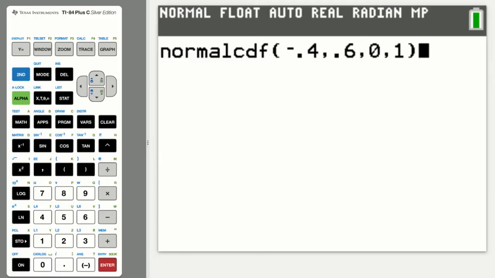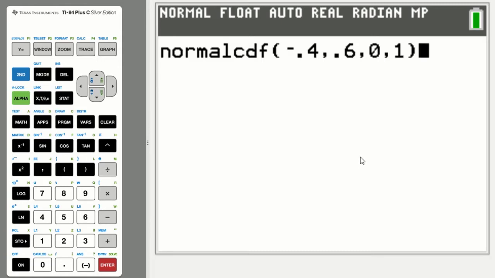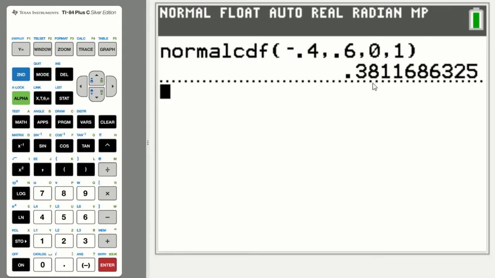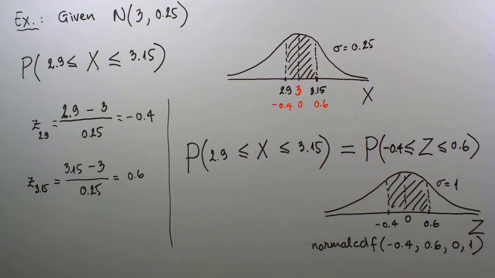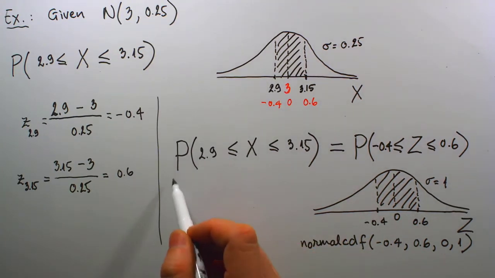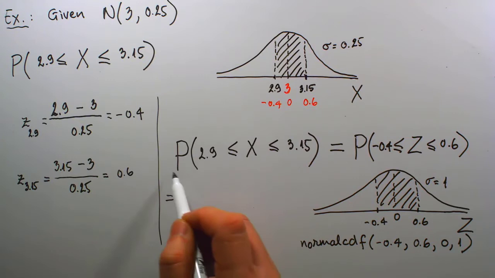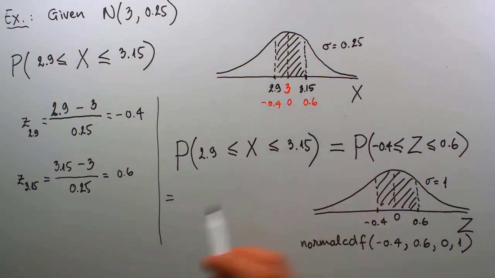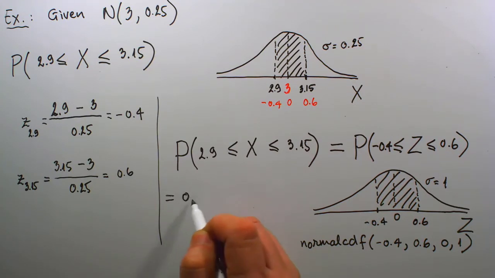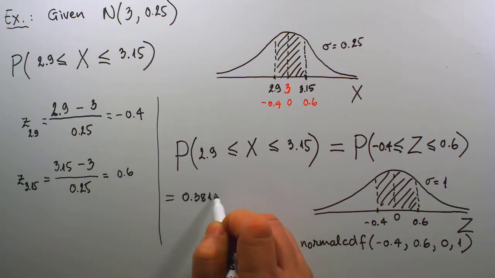Back on my calculator, hitting enter, we end up with 0.38116866325 and a lot longer. So the answer to our probability problem has now been found. The answer is 0.3812.